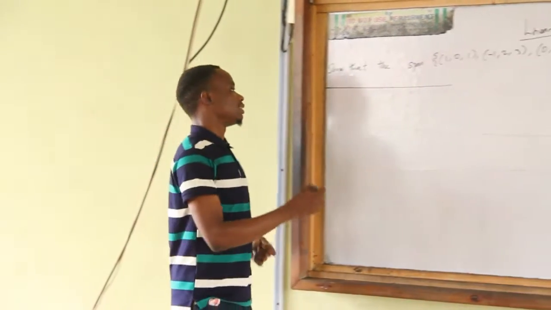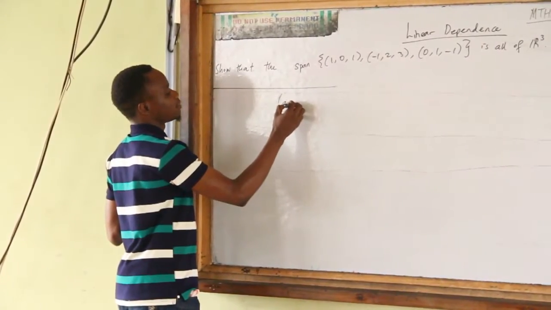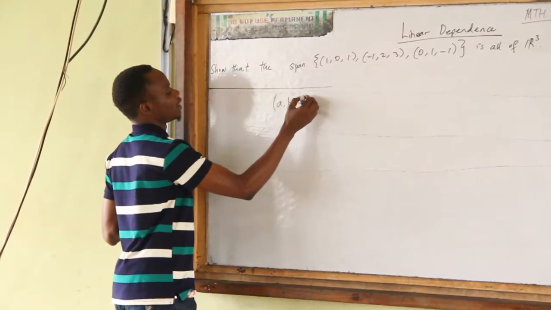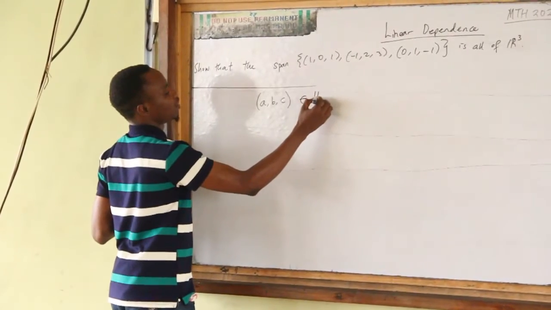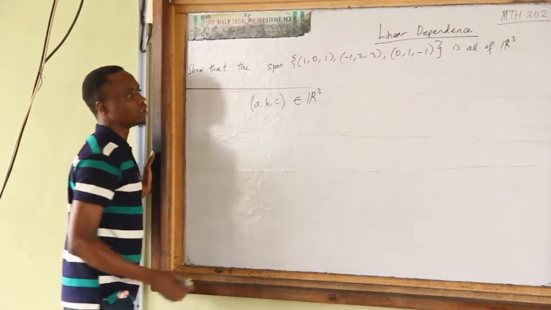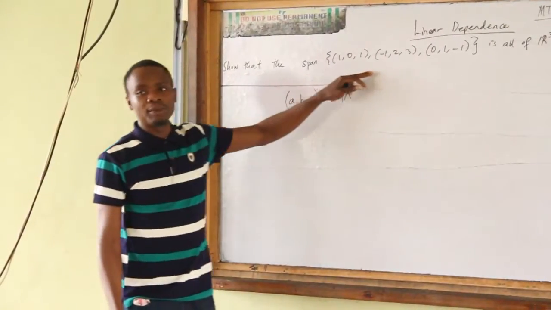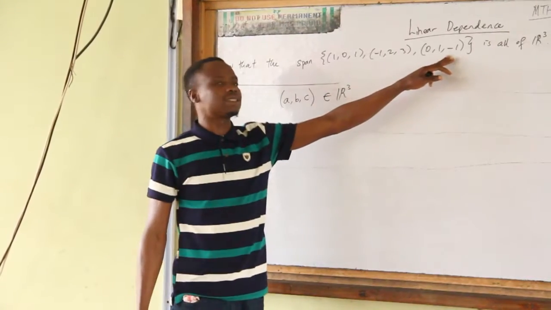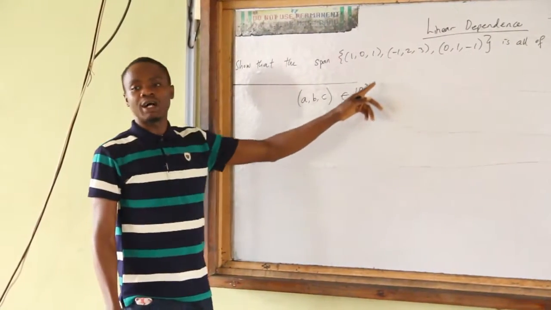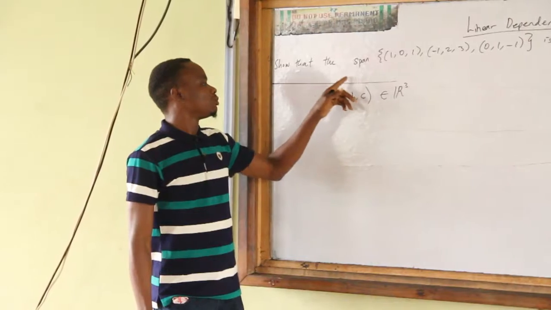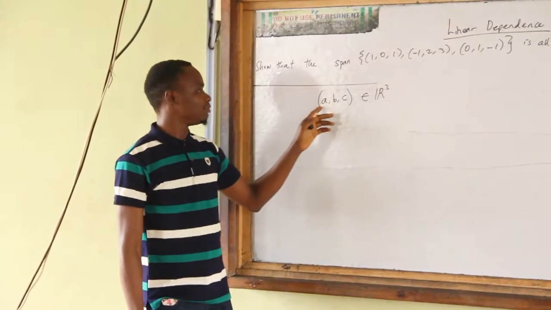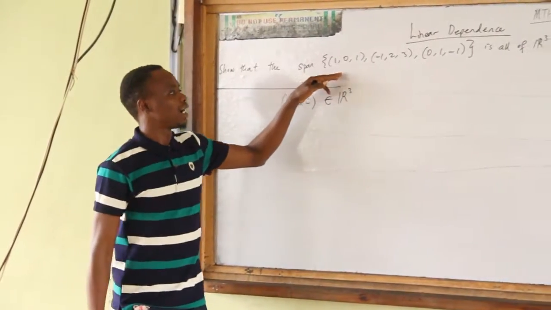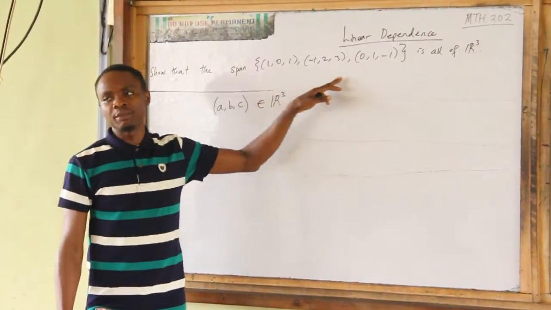So listen now, I know R3 is simply (a, b, c). This is what we mean by R3. So these are elements of this vector space R3. So if the span of this set is all of R3, then I should be able to write any vector (a, b, c) in this form, as a linear combination of the elements right here.